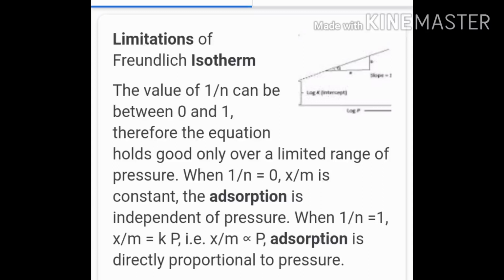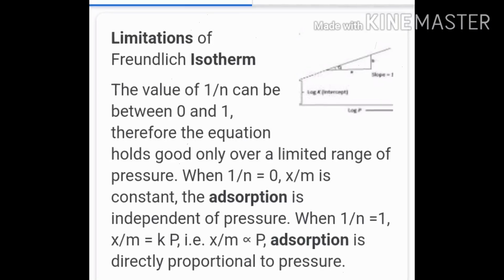Now what is the limitation of the Freundlich adsorption isotherm? This relation holds good over a limited range of pressure. Now students, we come to the validity of the Freundlich adsorption isotherm, as we know that x over m equals kp^(1/n).